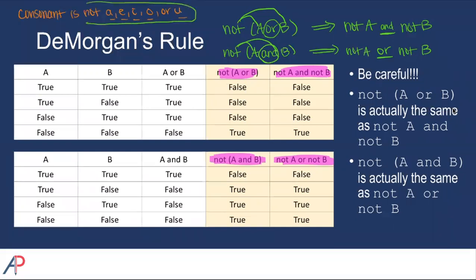They'll say not A, E, I, O, or U, but really when you use DeMorgan's Rule over this, what this means is something like this: not, and then A, E, I, O, or U inside of the parentheses. So how you should actually code it, if you decide to rewrite it, would be not A, and not E, and not I, and not O, and not U. That's actually what it's referring to instead. And this is what DeMorgan's Rule will show.